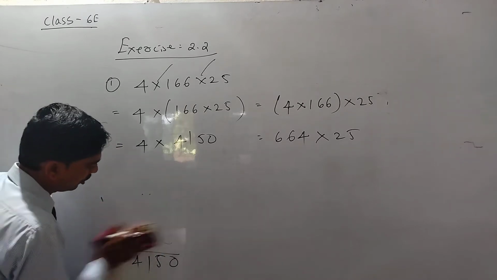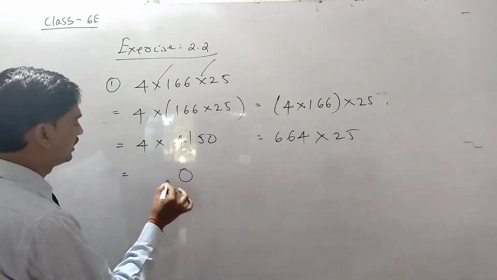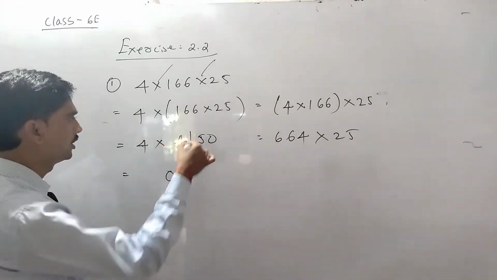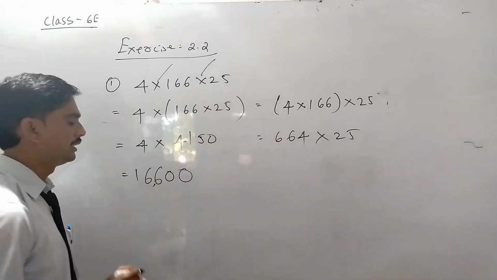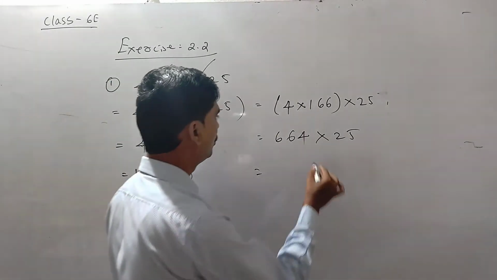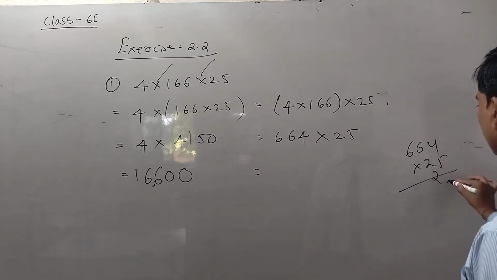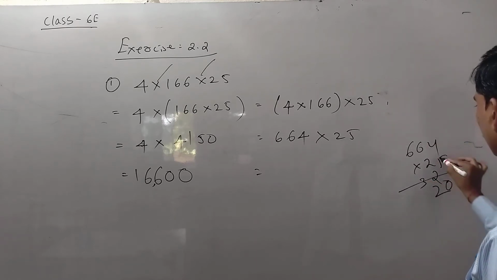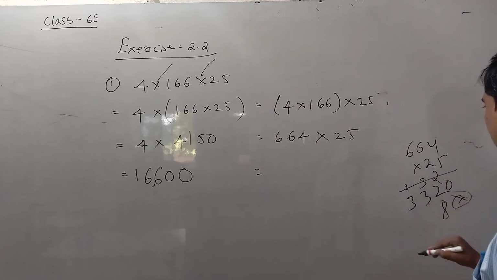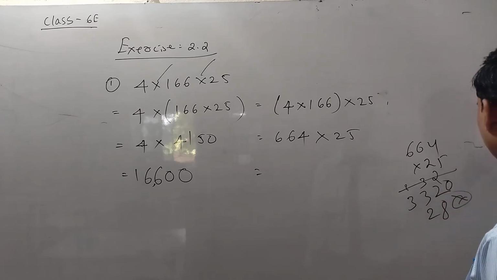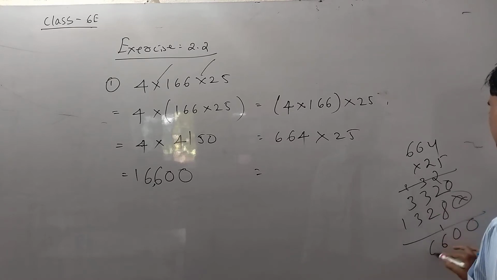Next step you have to solve here. 4 zeros are 0, 4 fives are 20, 2 carry, 4 ones are 4 plus 2, 6, 4 fours are 16, then 16,000. Then 664 into 25.